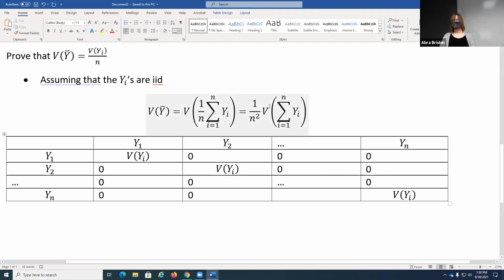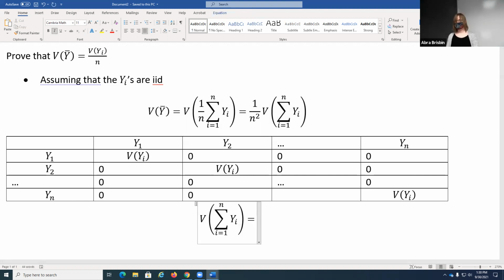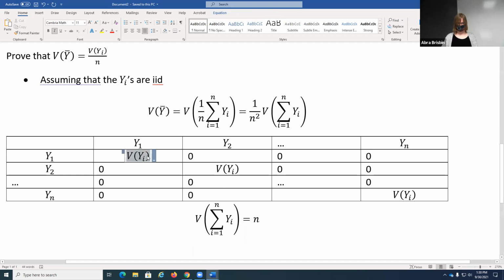So the total variance of the sum of the y sub i's is going to be the sum of the entries in the table. And we said that that was the sum of n copies of the variance of y sub i. So n times the variance of y sub i.